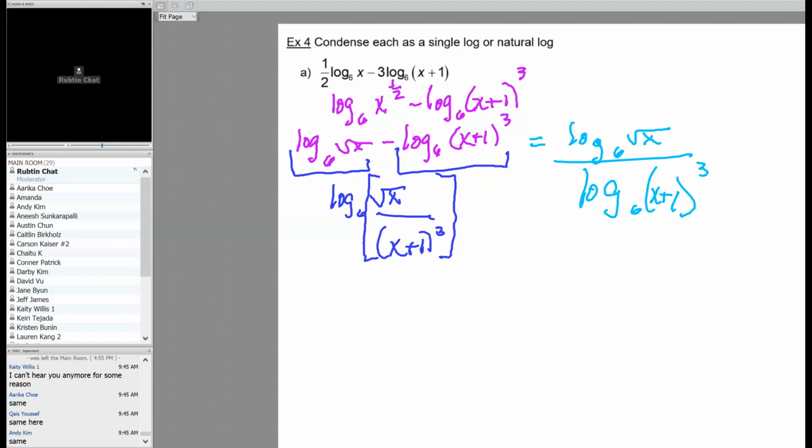Not true. Do you guys understand the difference between those two? The vast difference. Huge difference. I'm not dividing the entire log by the entire log. I'm only dividing the arguments.